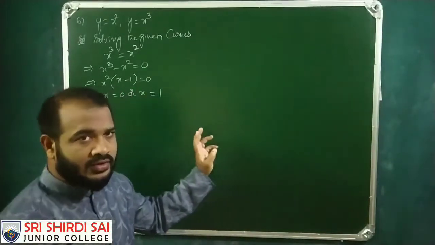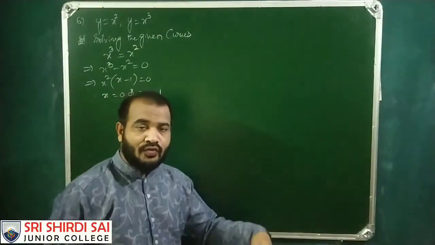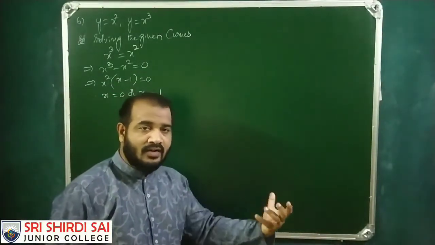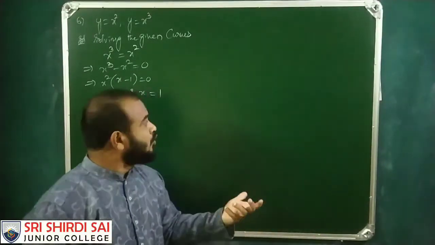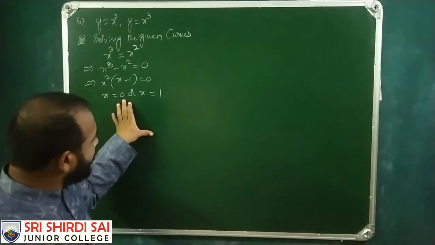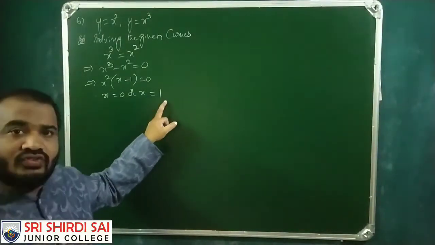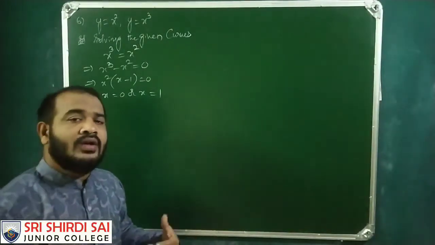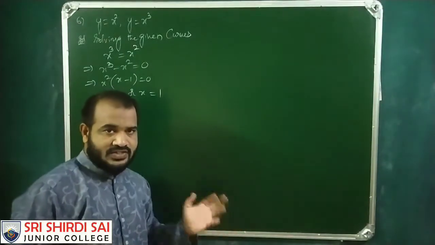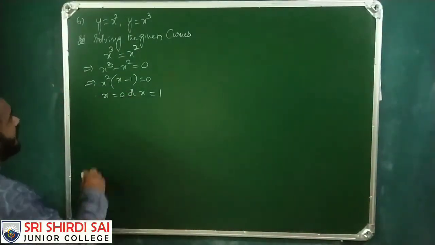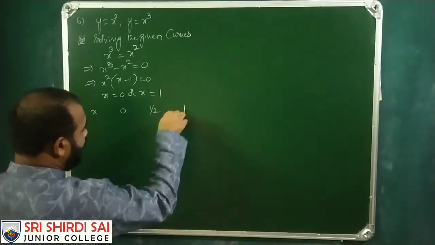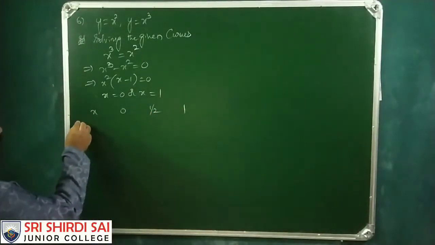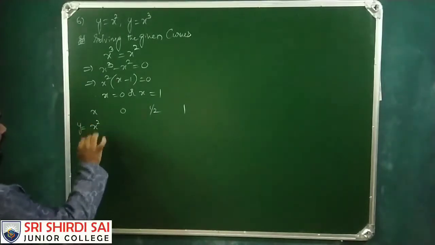But which is the upper curve and which is the lower curve is still to be found out. How? Through taking any value in between 0 and 1. So I will take 0.5, which is in between these two, and let us do that. So x equals 0, 1 by 2, 1. Now y equals x square curve.